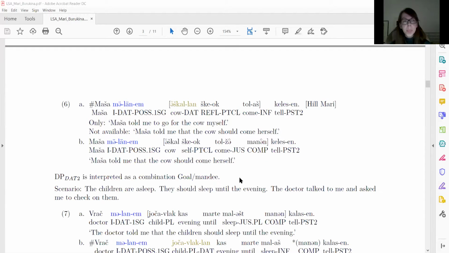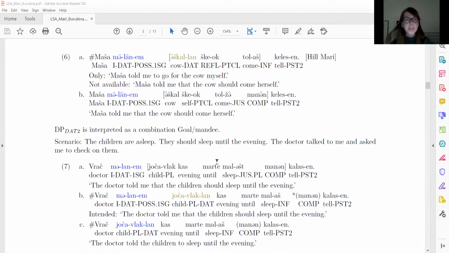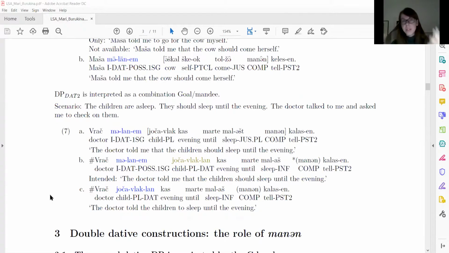And more importantly, the DP dative is further restricted. It not only has to be plus human, it also must be this active human, the one who is good as this goal of communication, as an addressee. So consider this scenario, for instance. The children are asleep and they should sleep until the evening.